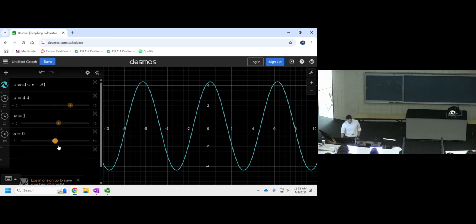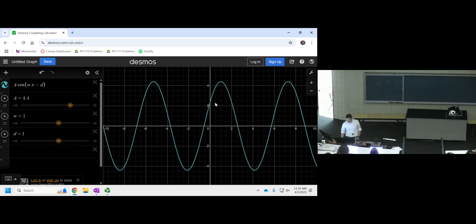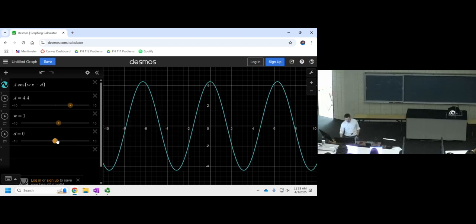But if I change delta to any other value, then I'm starting with a less than fully charged capacitor that somehow goes up to fully charged, which doesn't make sense if we said that it starts fully charged to begin with. So what I'm trying to say is that, given our initial condition that the capacitor starts fully charged, delta has to be 0 here. Okay?